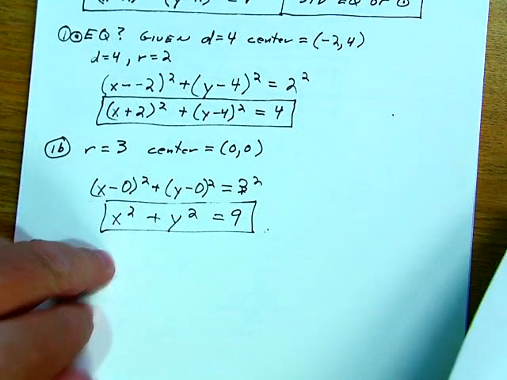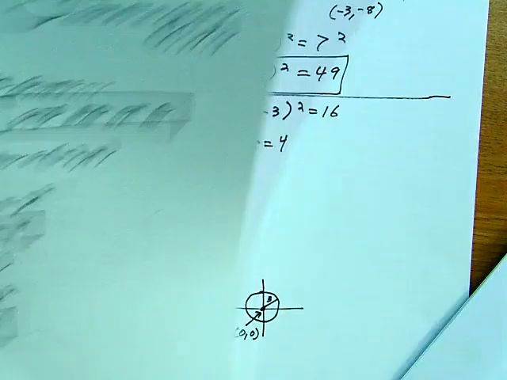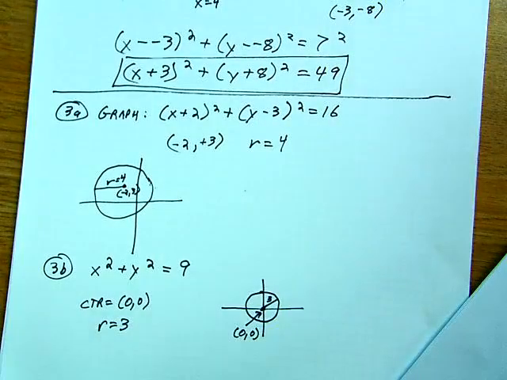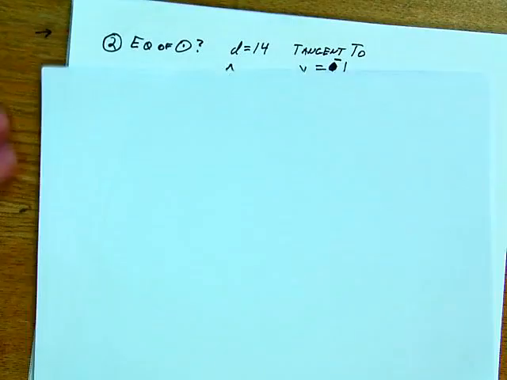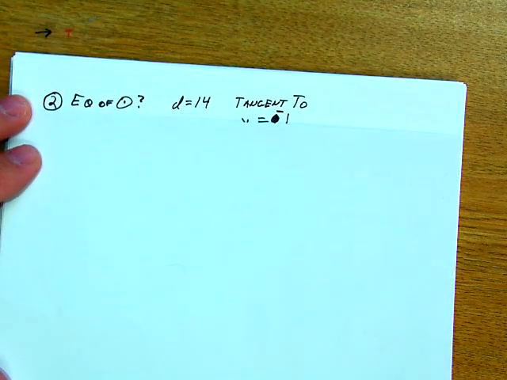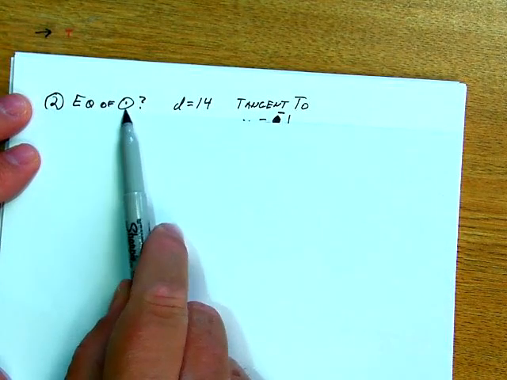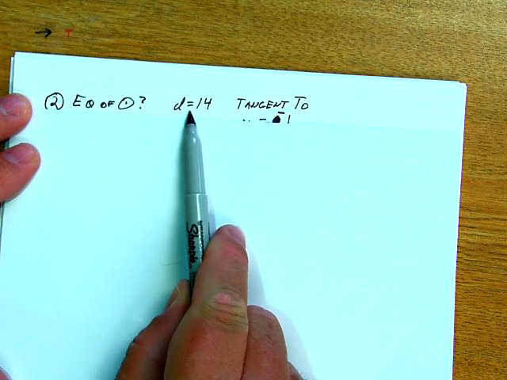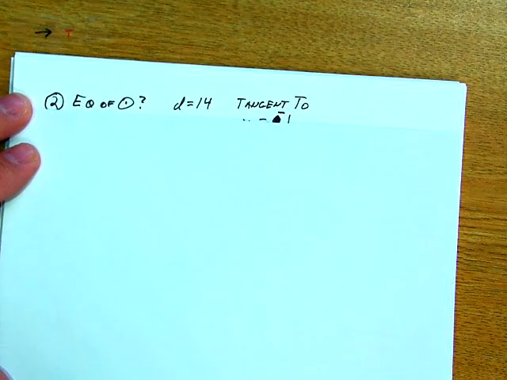All right, now let's move on to example 2. In example 2, it's a little bit trickier of a problem, but it's the same concept. Find the equation of a circle where the diameter is 14, but this time they're not giving us the center point.